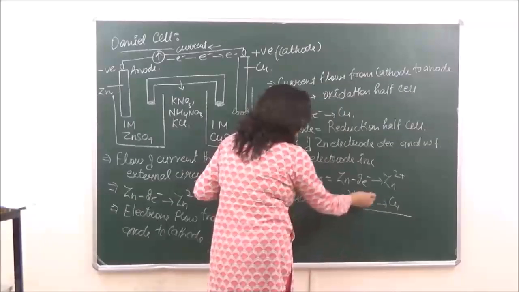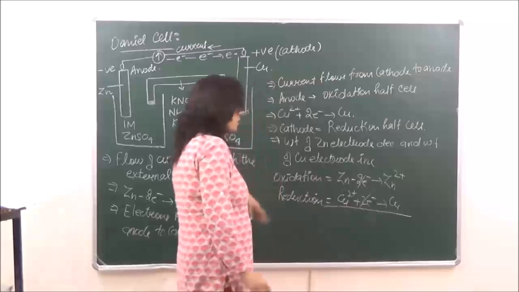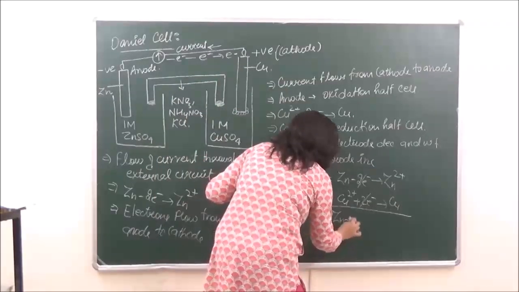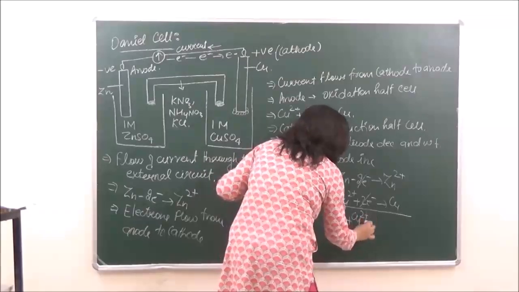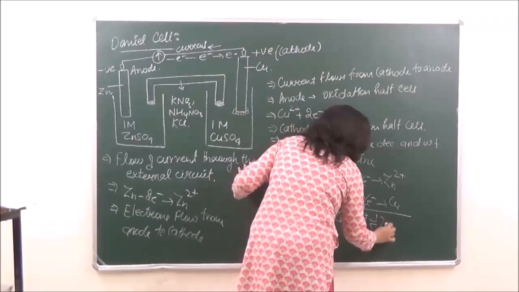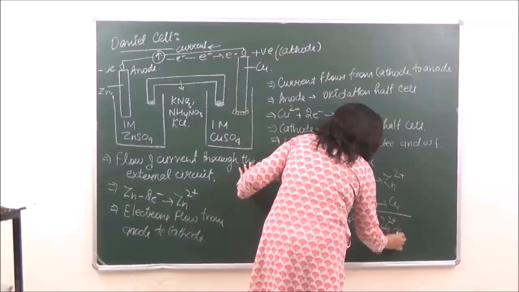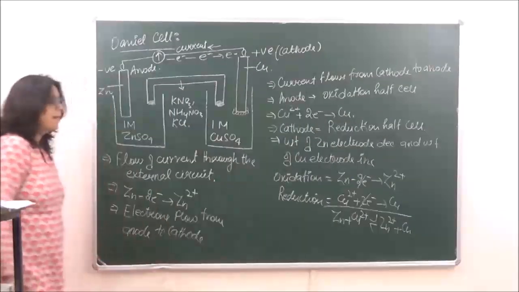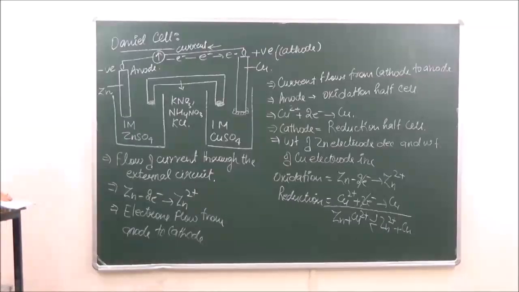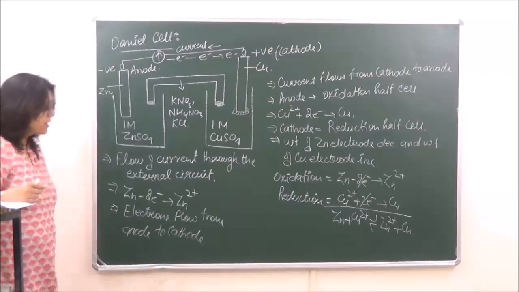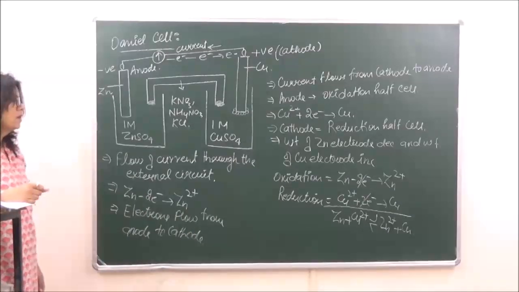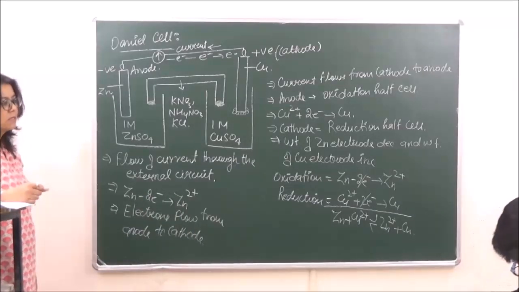So overall reaction, the 2 electrons get cancelled. So overall reaction is Zn plus Cu2 positive to give us Zn2 positive plus Cu. This is the Daniell cell reaction, given by Zn plus Cu2 positive to give us Zn2 positive plus Cu.